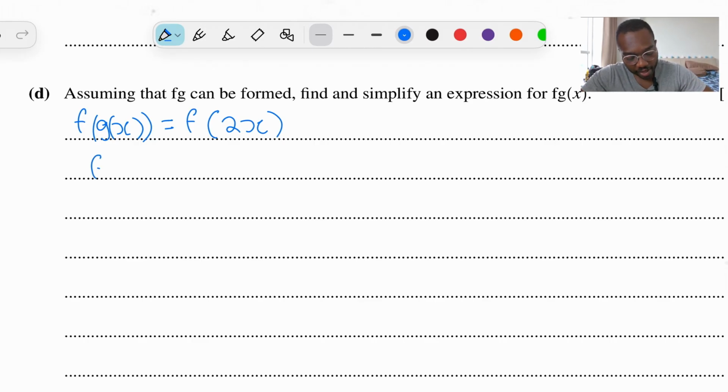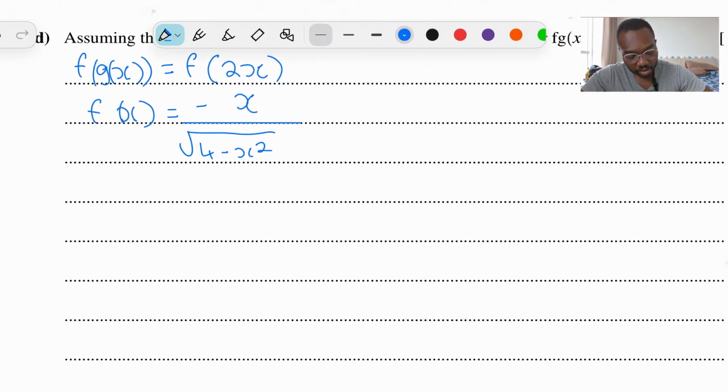We know that f of x was a minus x over the square root of 4 minus x squared. Now we just need to substitute in 2x for whatever x was. Therefore, f of 2x is equal to a minus 2x, okay?